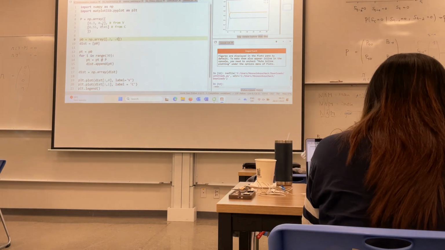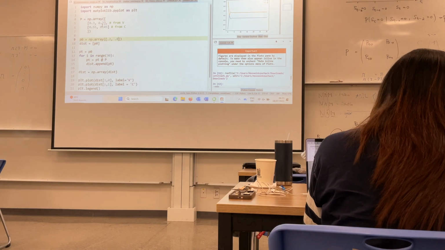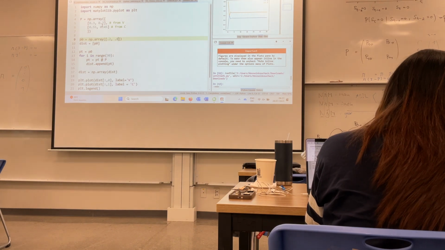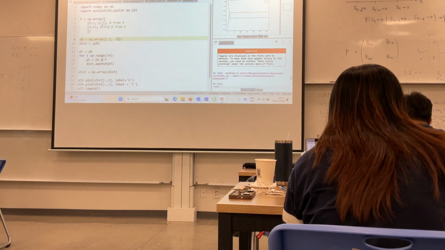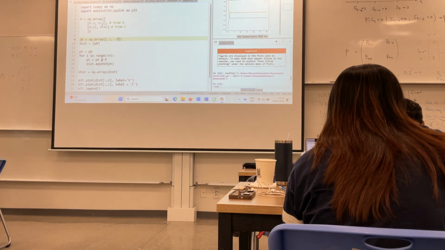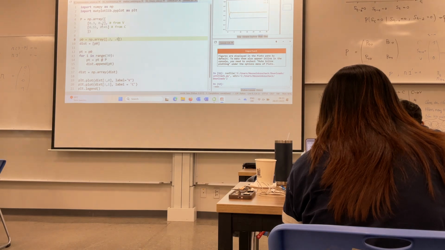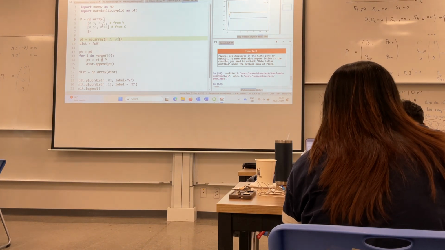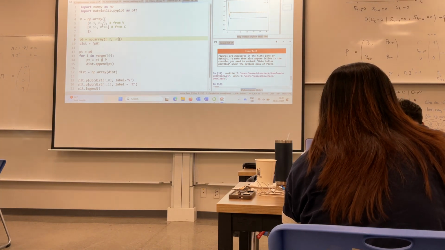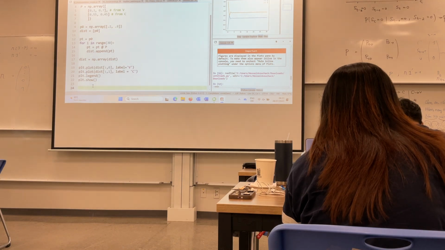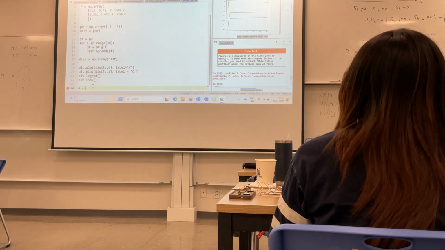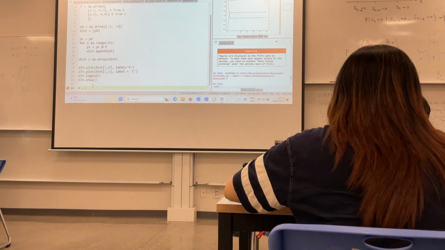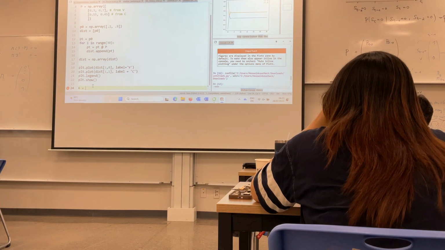Well, let's define this matrix that we have here as A. Here, this is 1 prime, so it is transposed.